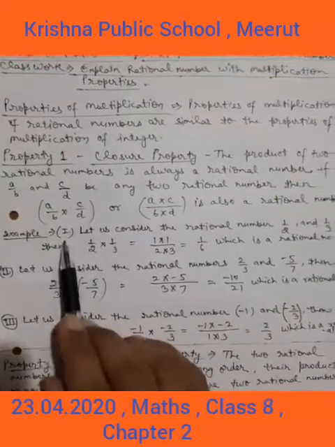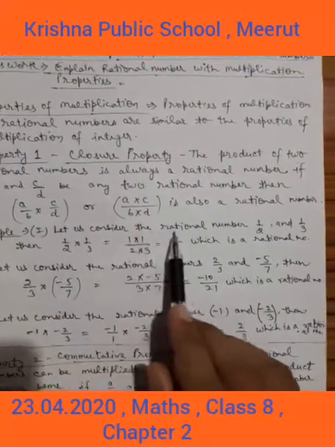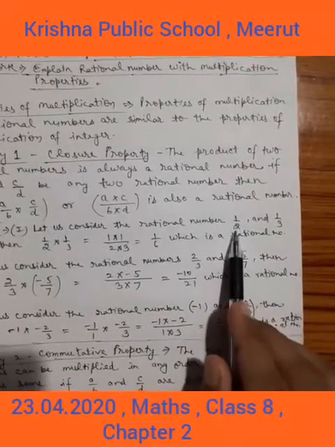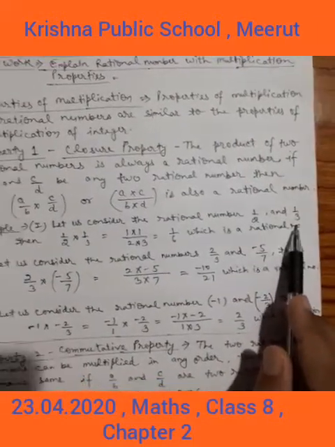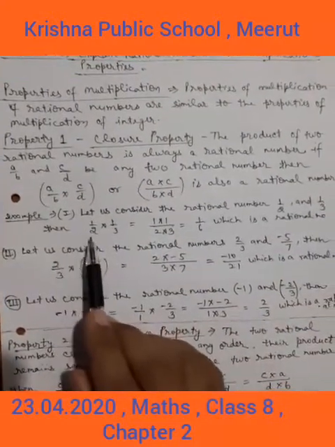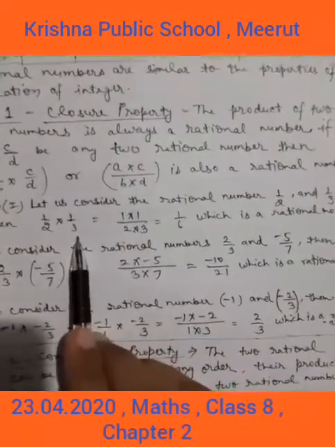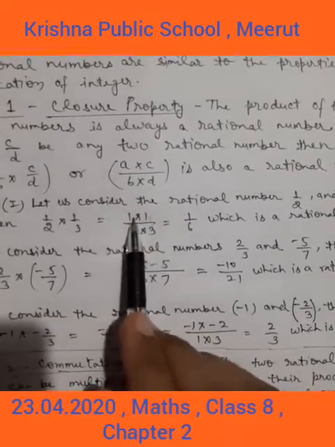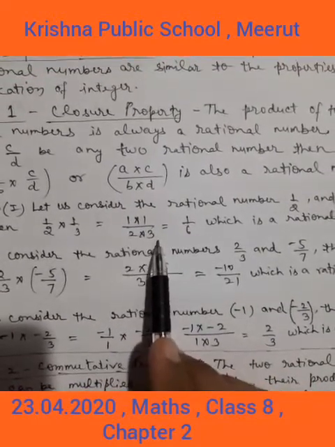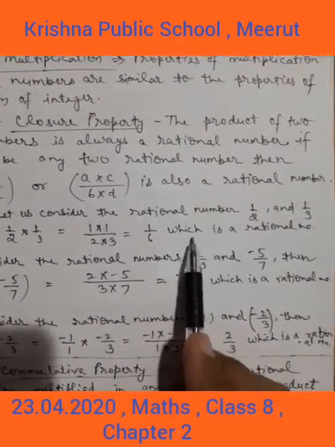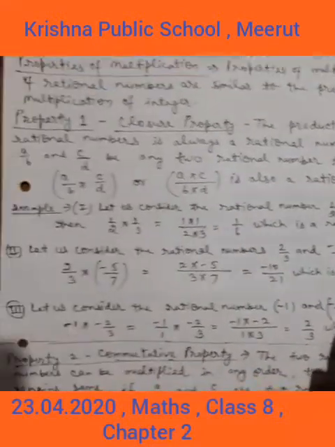For example, first, let us consider the rational numbers 1 upon 2 and 1 upon 3. Now the multiplication of these two rational numbers is 1 upon 2 into 1 upon 3 is equal to 1 into 1 upon 2 into 3 is equal to 1 upon 6, which is a rational number.